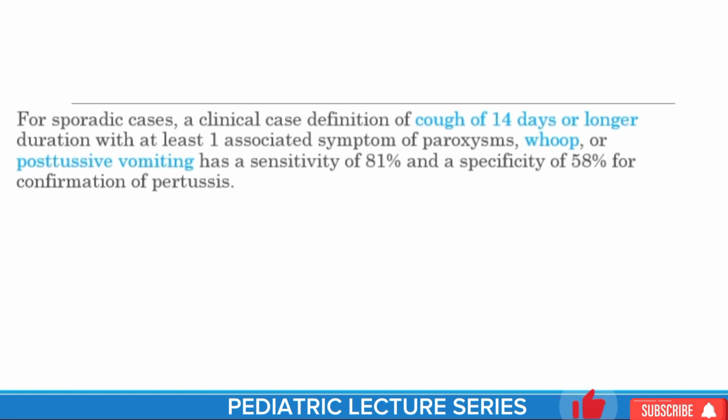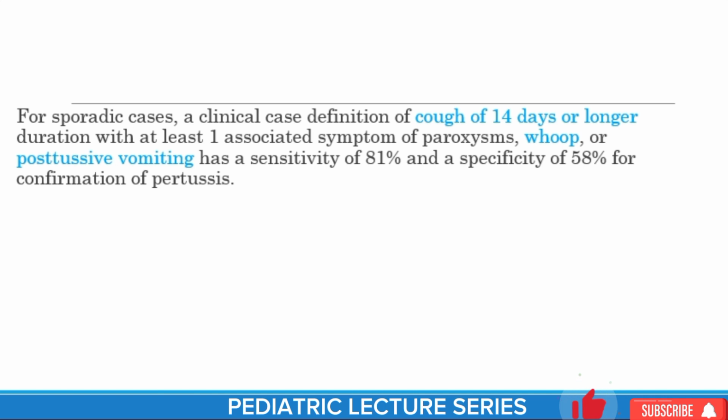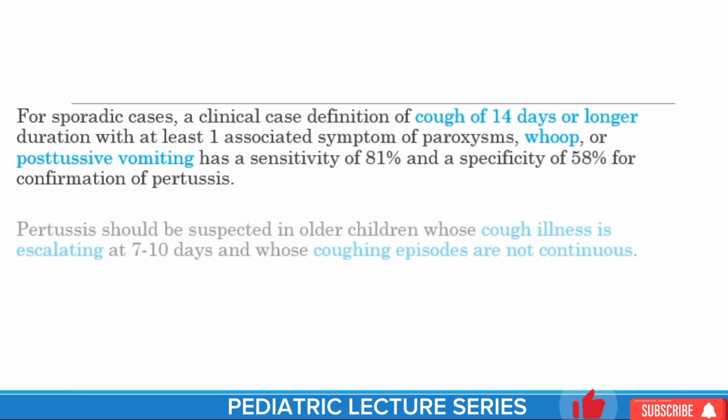Then also in sporadic cases, you have cough of 14 days or longer associated with paroxysms, whoop, or pertussive vomiting, and we have seen this. They have a sensitivity of 81% and specificity of 58% for confirmation of pertussis.